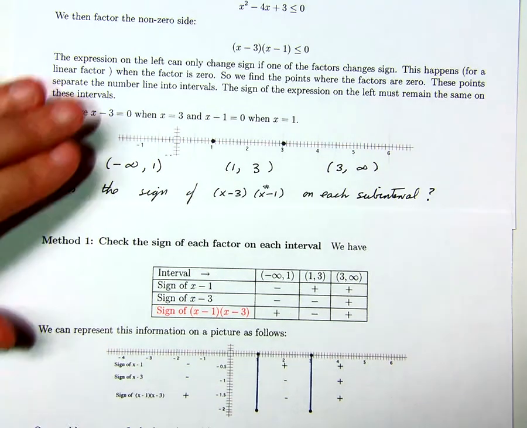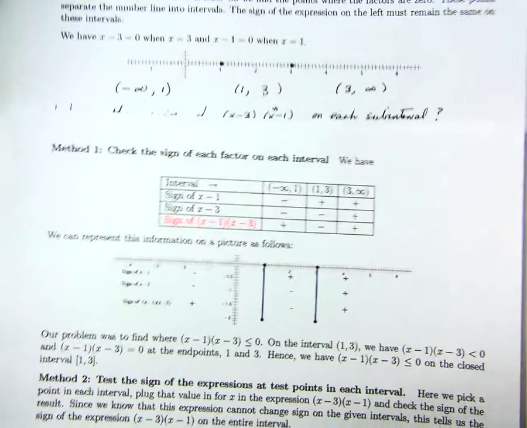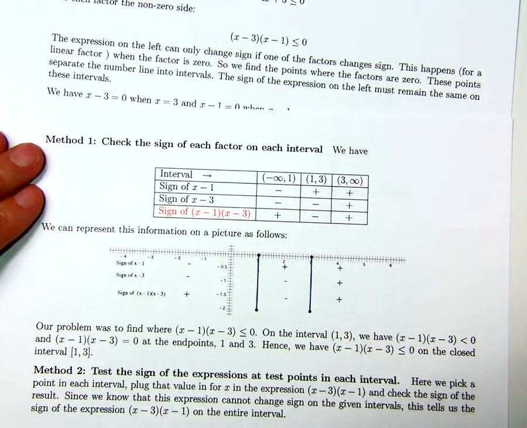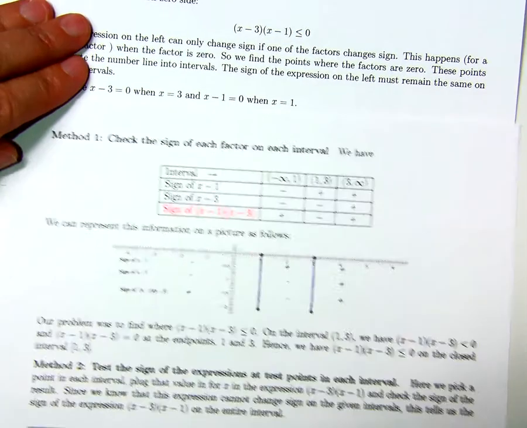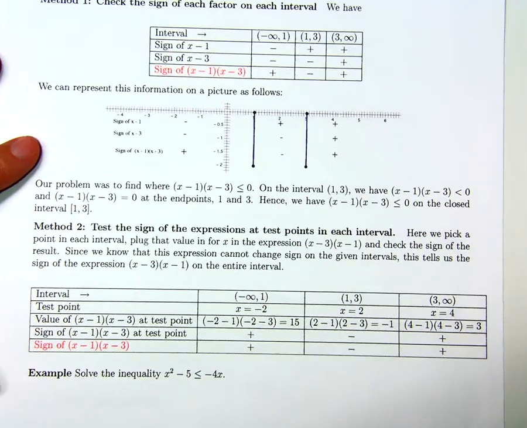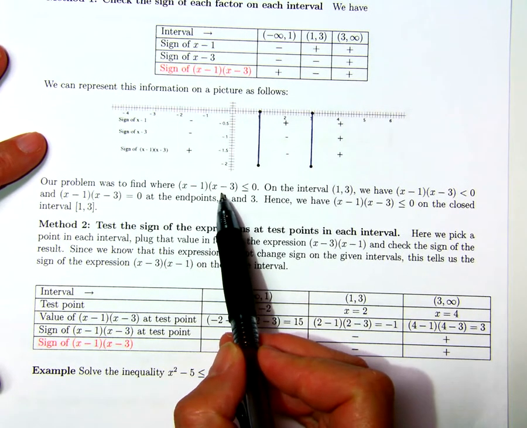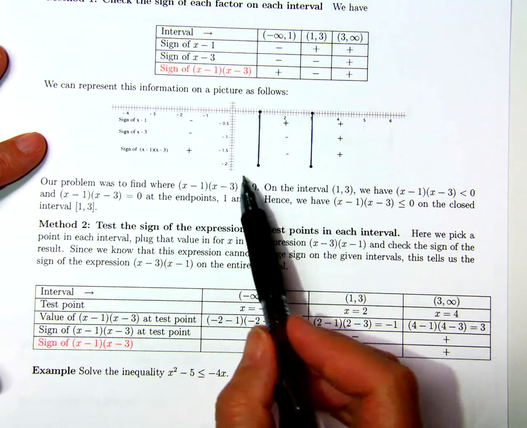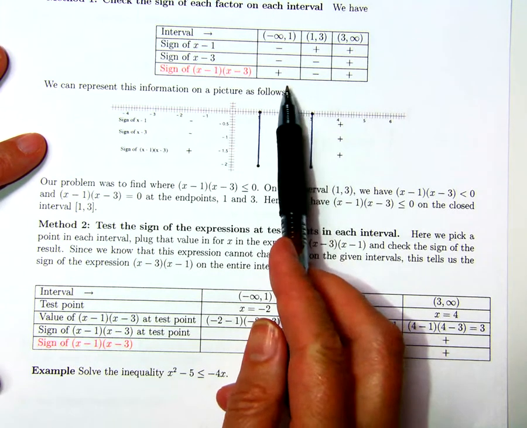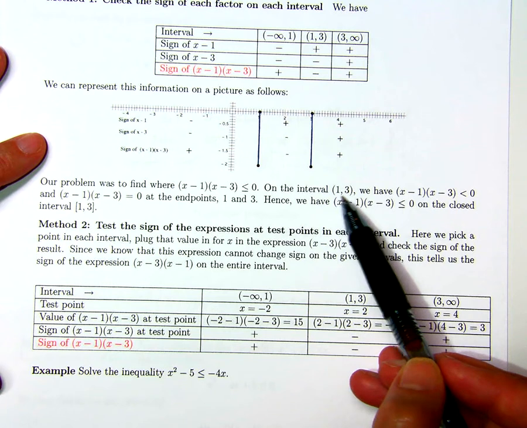Our problem was initially to find the solutions to this inequality. The inequality x minus 1 times x minus 3 is less than or equal to 0. So we wanted to identify all x where this is true. And we see from our picture here that this is true for all x values between 1 and 3.